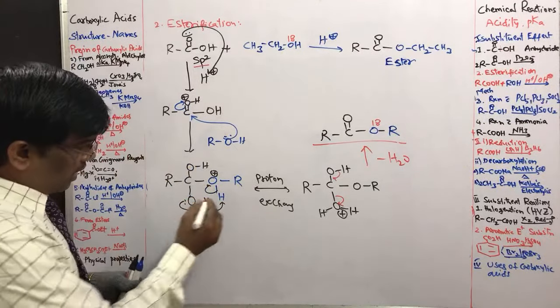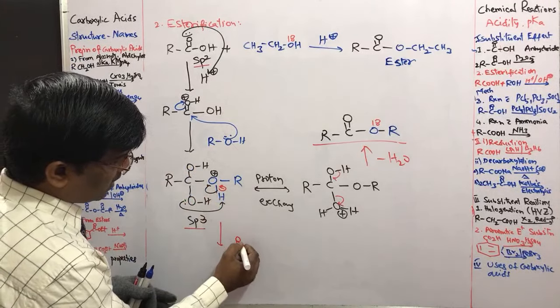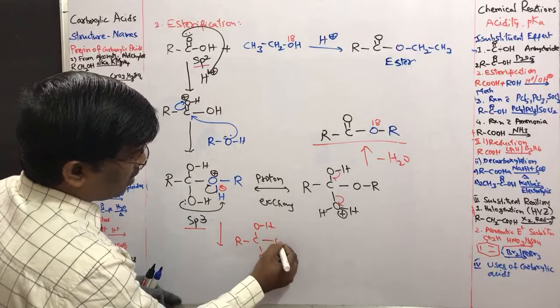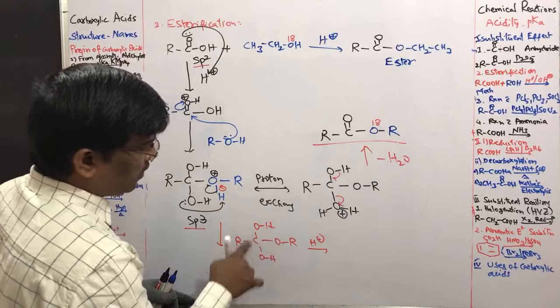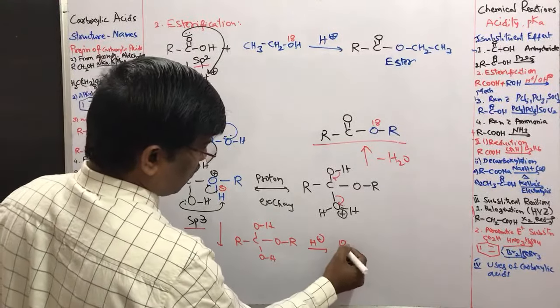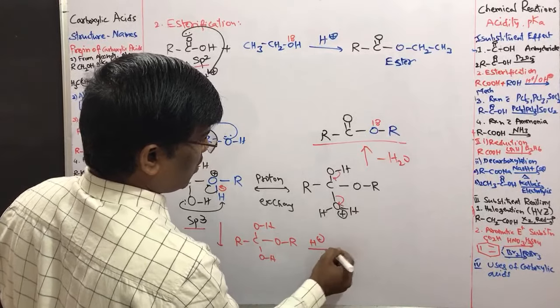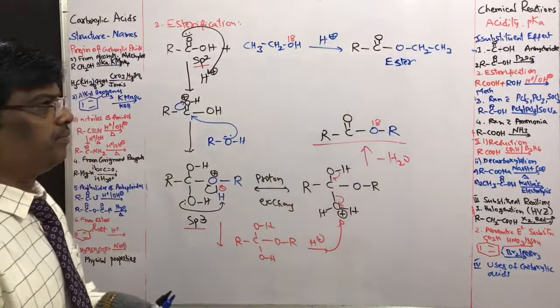Or I can write in a different form. It gives an intermediate, no doubt, and it takes up a proton, either one of these two, and it is going to form this same intermediate. Now it is going to lose water to give ester.